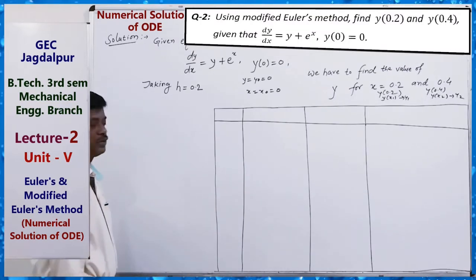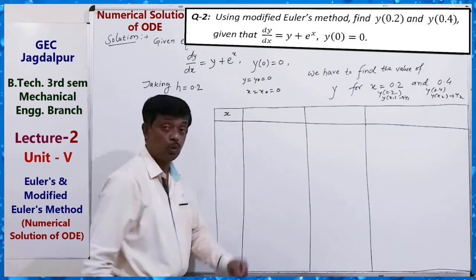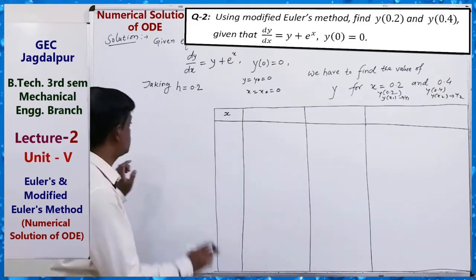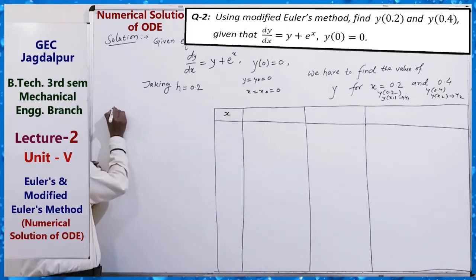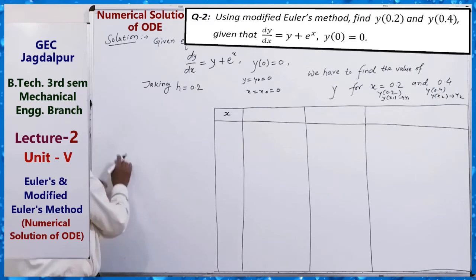Clear? So here the value of x and slope, because the first approximation we can get from Euler's formula.